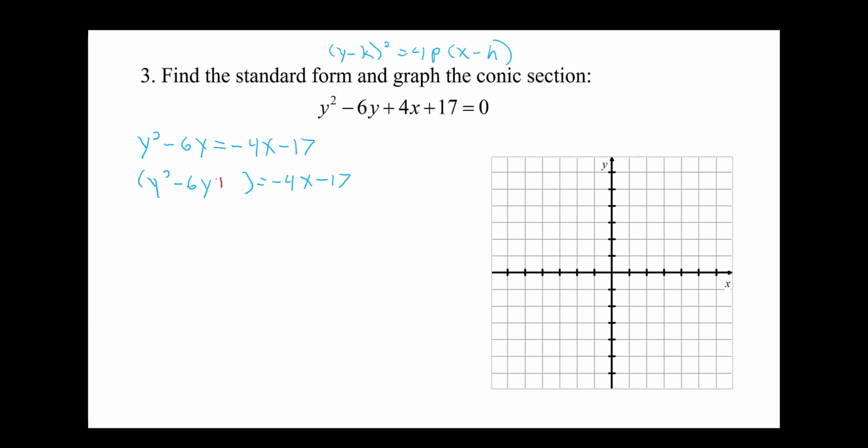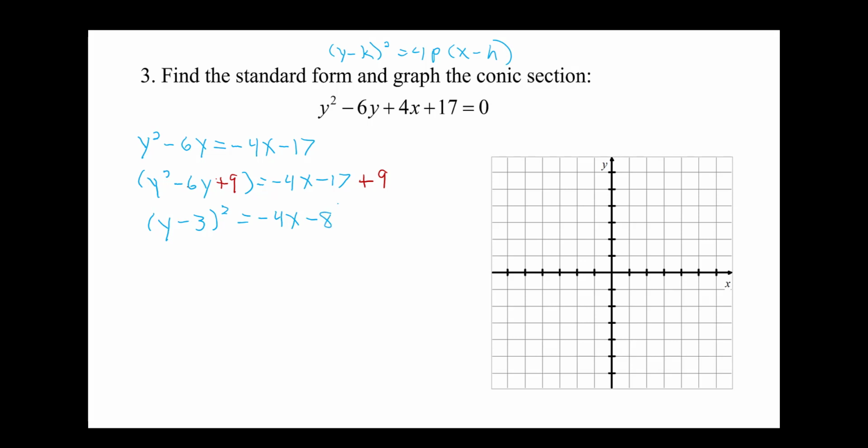If we square negative 3, we get 9. So we're going to add 9 to both sides of the equation and then just clean things up a bit. We have (y minus 3) squared equals negative 4x minus 17 plus 9. What was that? Negative 8. Okay, negative 4x minus 8.